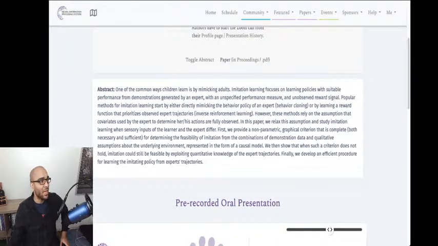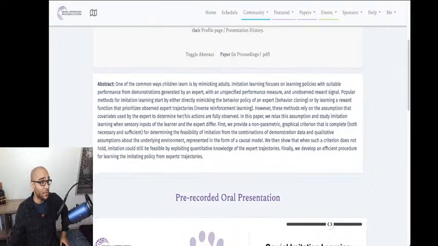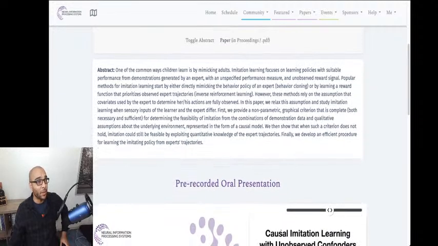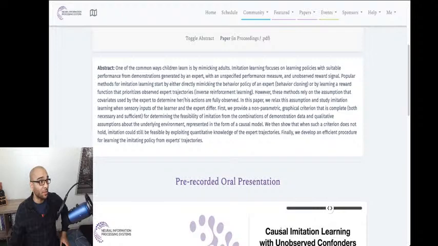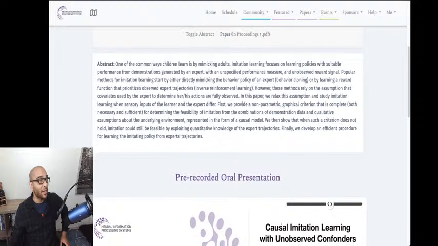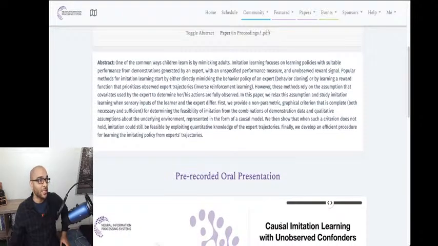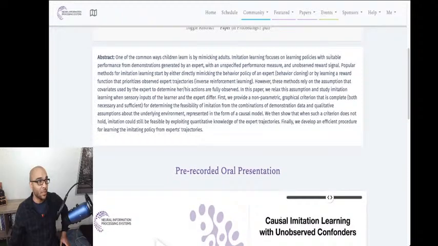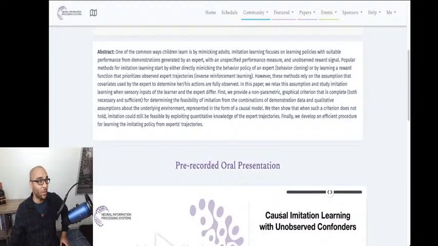One of the common ways children learn is by mimicking adults. Imitation learning focuses on learning policies with suitable performance from demonstrations generated by an expert with an unspecified performance measure and unobserved reward signal.